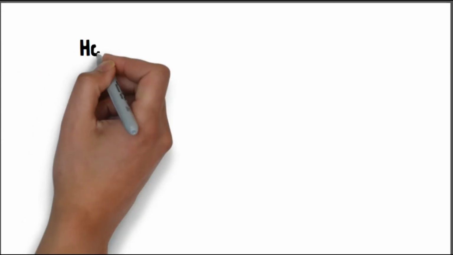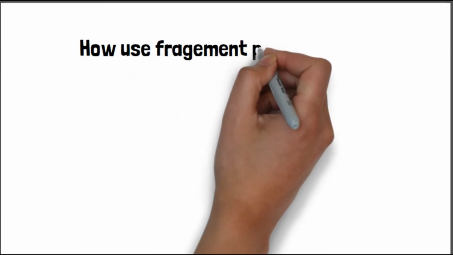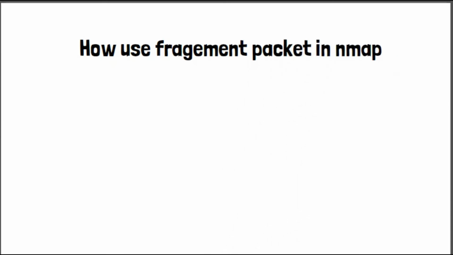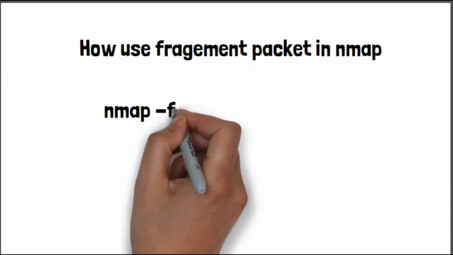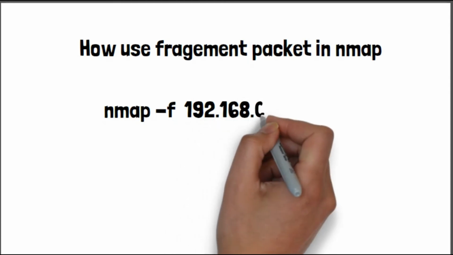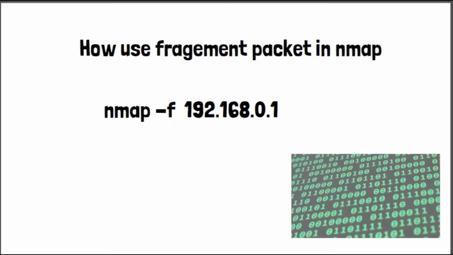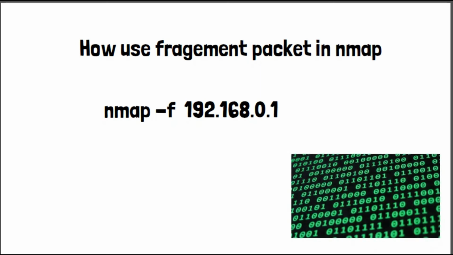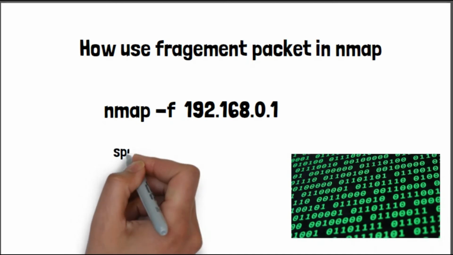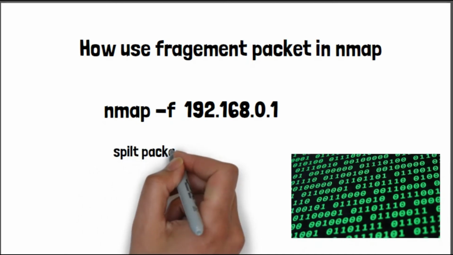This binary code was split. How can you use fragment packages in Nmap? Mostly this command: nmap -f, then input the IP address. They are bypassing the firewall by avoiding the packages which identify the firewall's predetermined rules.